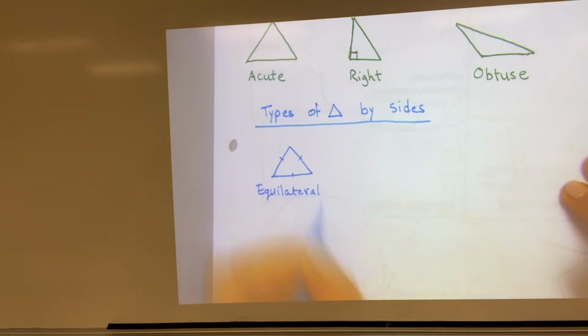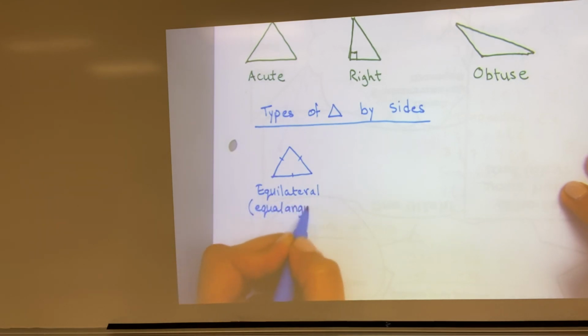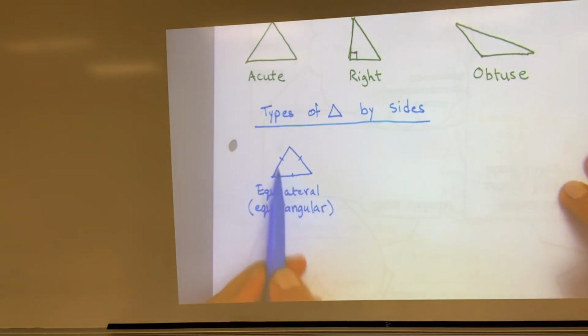In this case, it is also equiangular, so all angles are of the same measure as well. All sides are of the same length, equilateral.